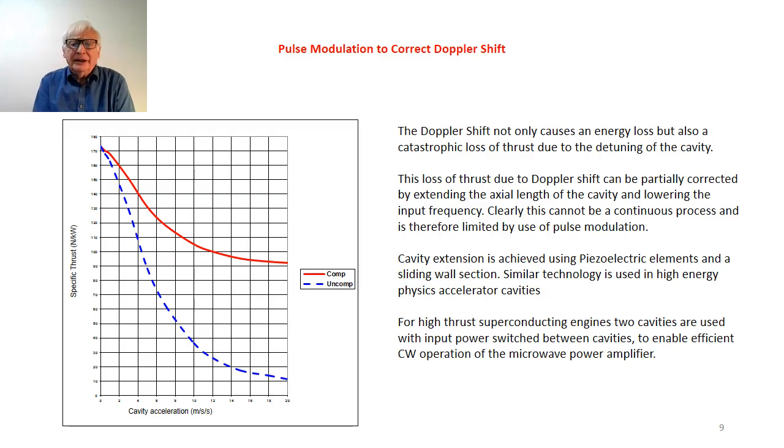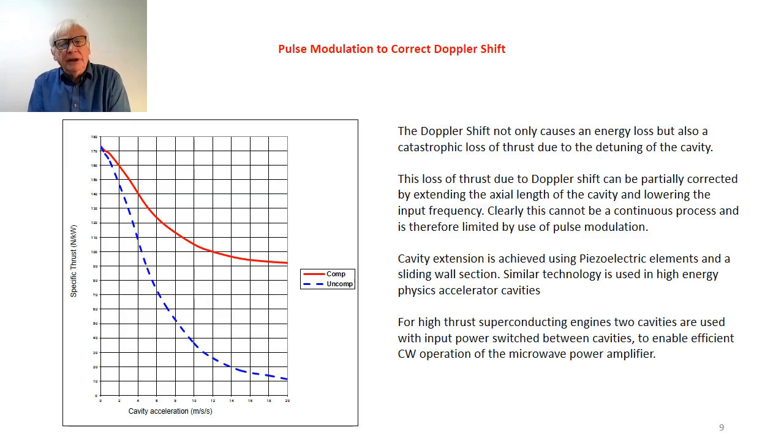So when the power is switched off for the first cavity and the cavity is allowed to reset, the power is being applied to a second cavity. What this means is that the microwave system associated with these cavities can operate in effectively continuous wave mode, which is the more efficient way to operate these pieces of equipment.